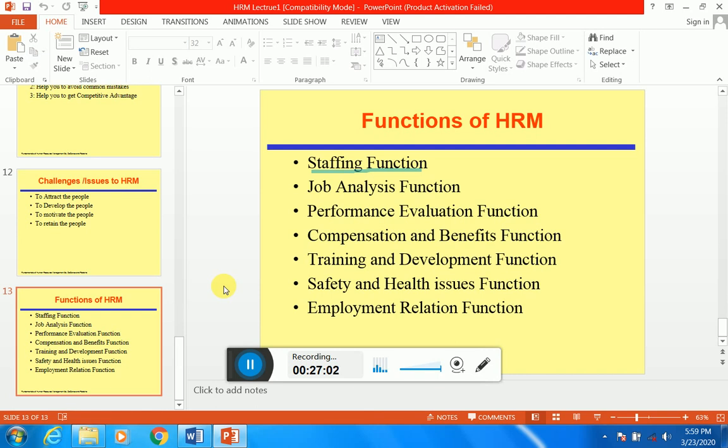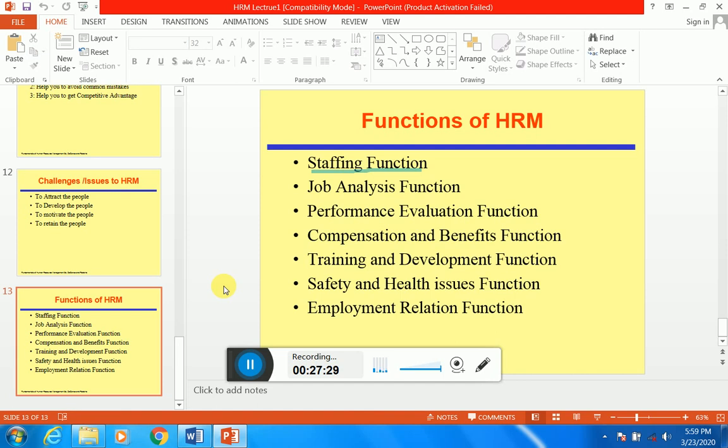Then we will move toward the next point, that is the job analysis function. Job analysis is a systematic exploration of activities within a job. This process contains further sub-processes. Major activities include job description, job specification and job evaluation.